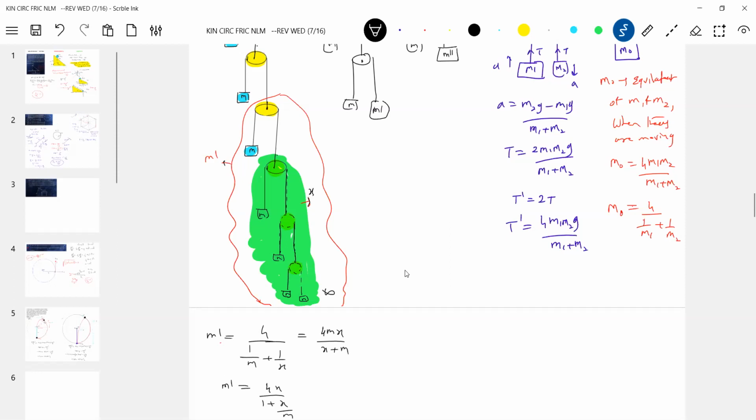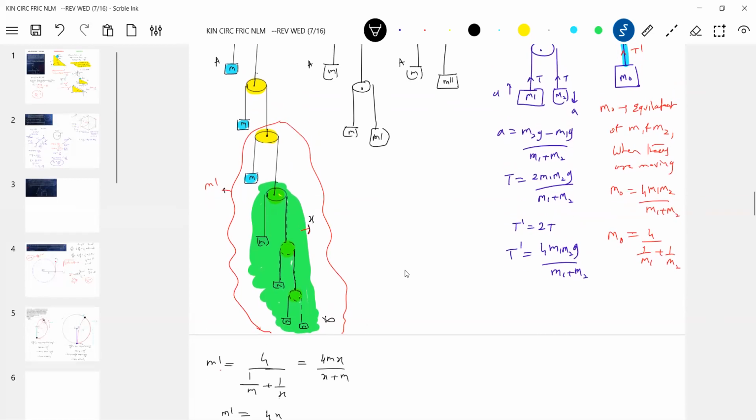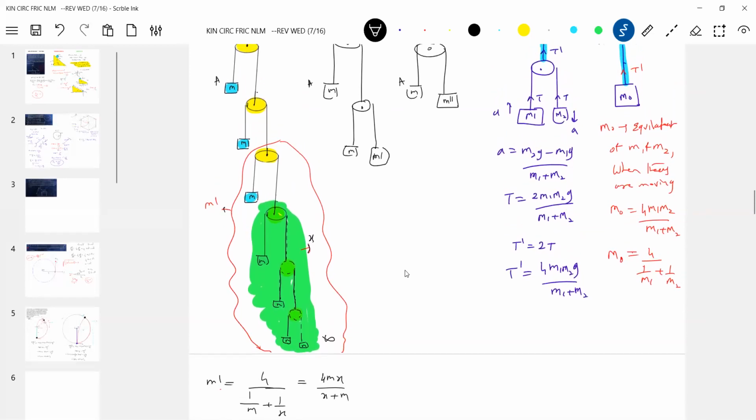Now what should I call m dash? Can anybody define m dash mathematically? It is the effective mass of the n to n minus 1 pulley. This is the fixed pulley. Here, there's a movable pulley. From the n to n minus 1 pulley, the effective mass. Is it okay now? So what should I call m dash? I'll start counting the pulleys, don't count this pulley.